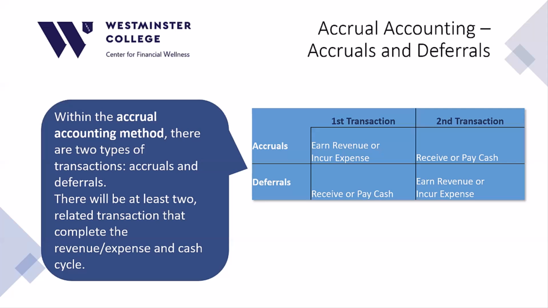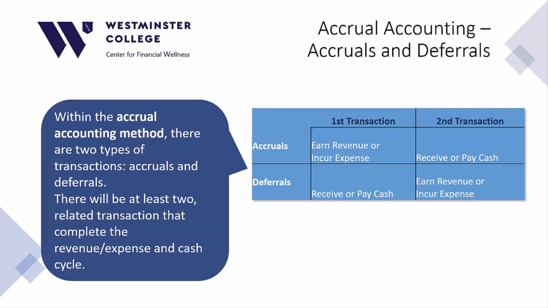Whereas in the last lesson we learned we earned the revenue and received the cash in the same transaction, with accrual accounting, the earning or incurring will happen in one transaction and the cash will be exchanged in another related transaction. If the earned or incurred process happens first, with cash being exchanged later, this is called an accrual type transaction.